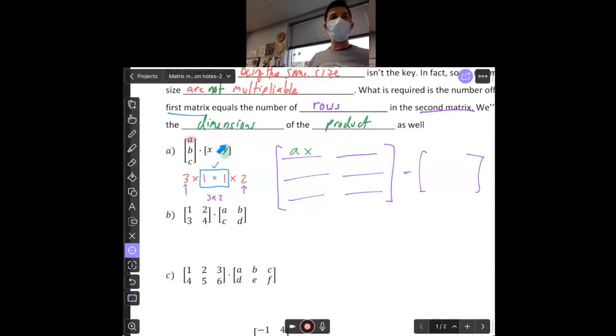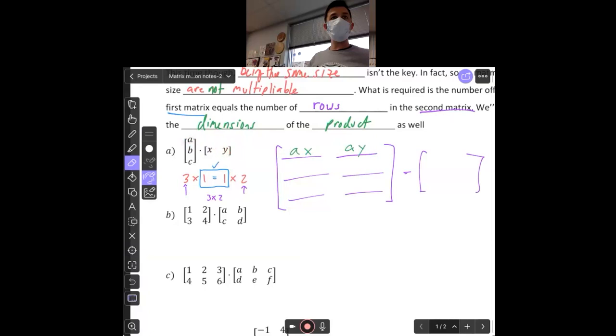So a times y will go here. I don't have anything more in that row or in that column, so that means I'm done with that. Again, this is a small problem. Now I'm completely done with this row, so that A is done.